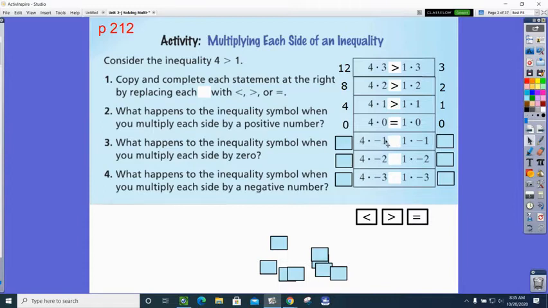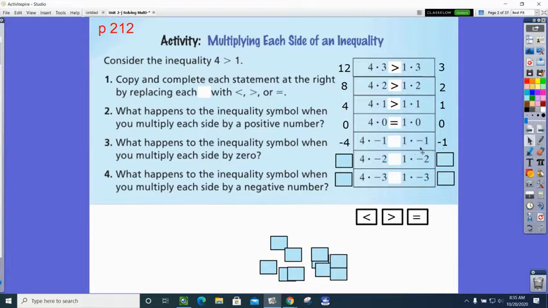When I take 4 times negative 1, I get negative 4, and when I take 1 times negative 1, I get negative 1, and let's stop and think here. Negative 4 is smaller than negative 1.